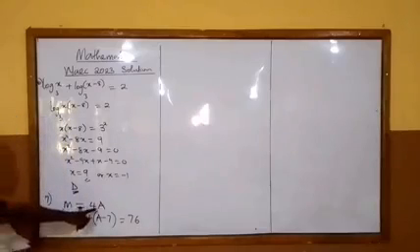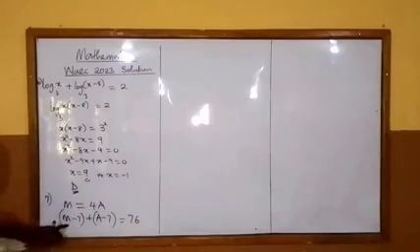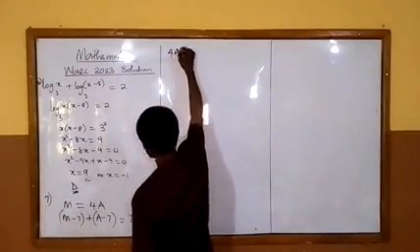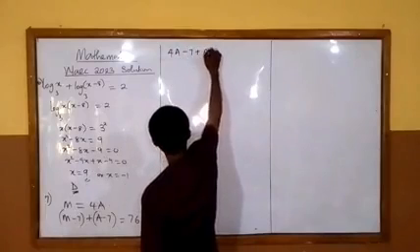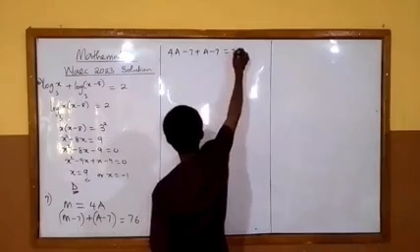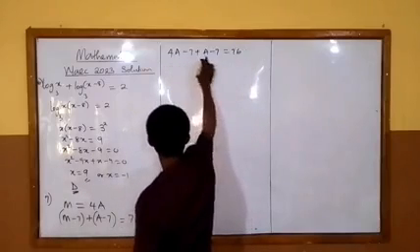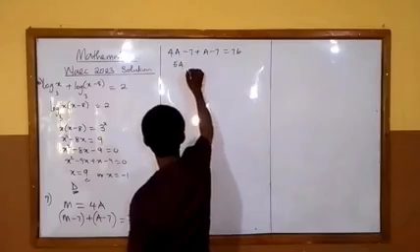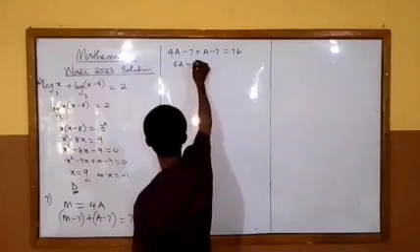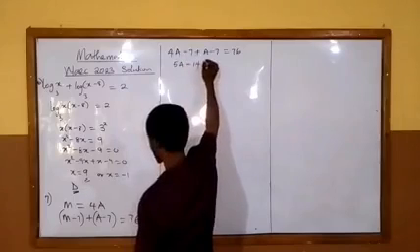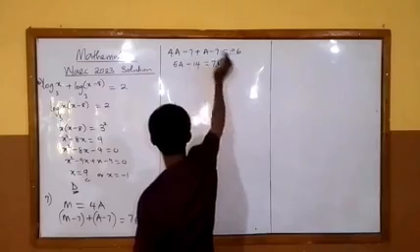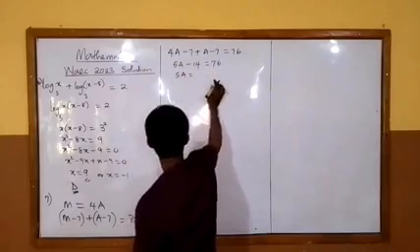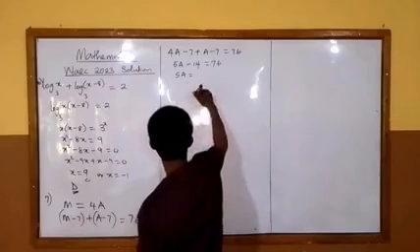Remember that M has been given as 4A, so I can write 4A instead of M here. Then that will be 4A minus 7 plus A minus 7 equals 76. By the time we solve this, 4A plus A is 5A, then minus 7 minus 7 is minus 14, equals 76. Collecting like terms, 5A equals 76 plus 14, which gives us 90.